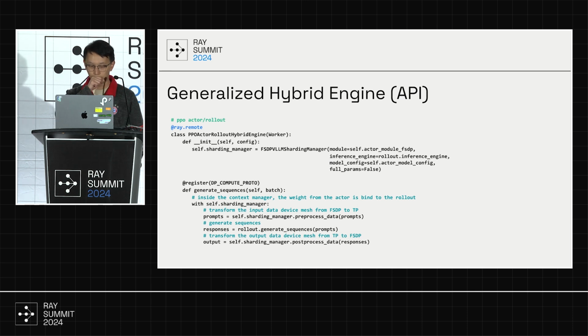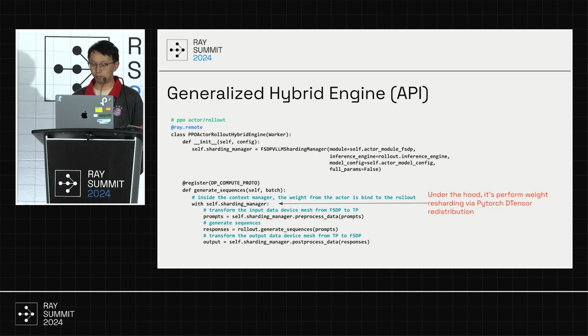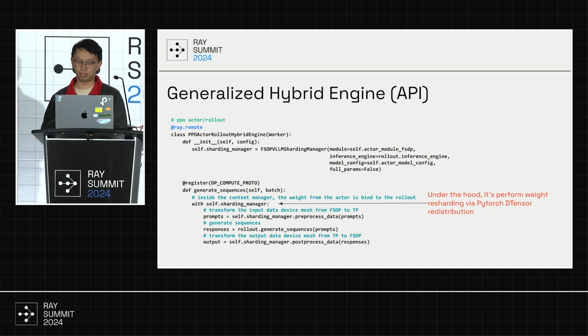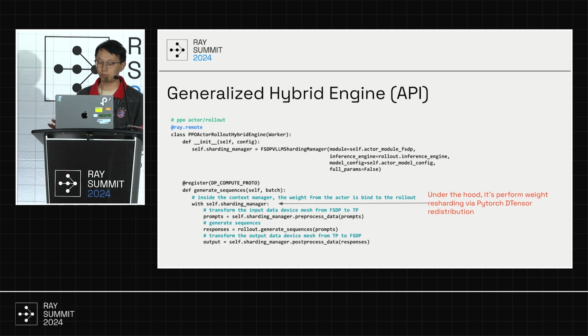It's a sharding manager called the FSDP to vLLM sharding manager. Under the hood, it performs weight resharding from the FSDP form to the tensor parallel form, using some PyTorch DTensor redistribution. So by using this simple API, we can perform two different computations using the same set of weight parameters.